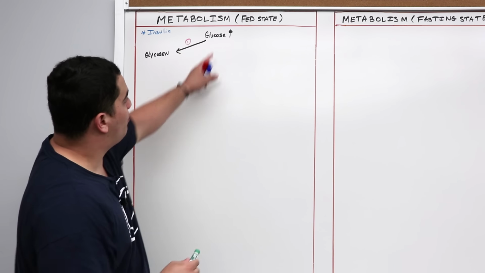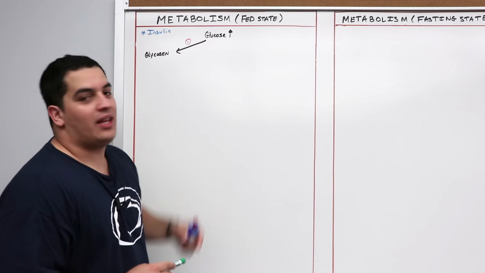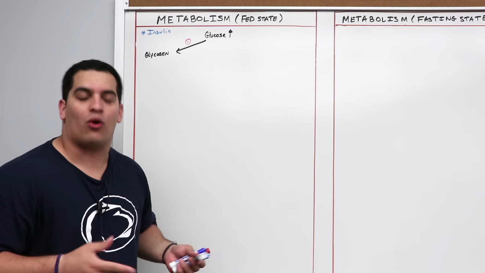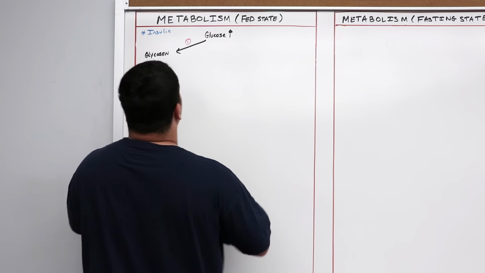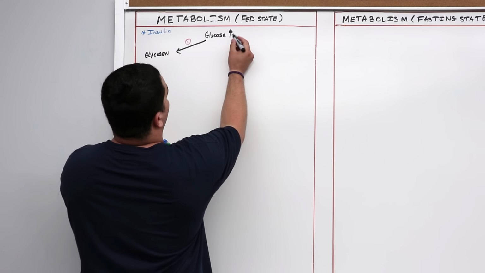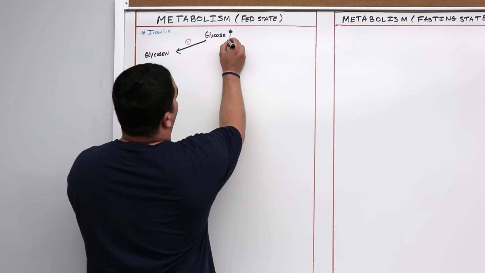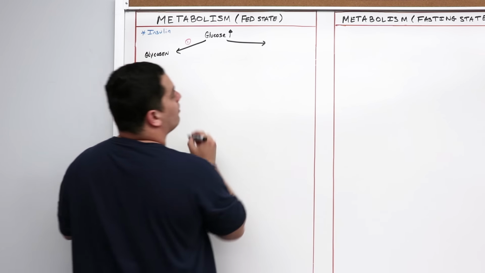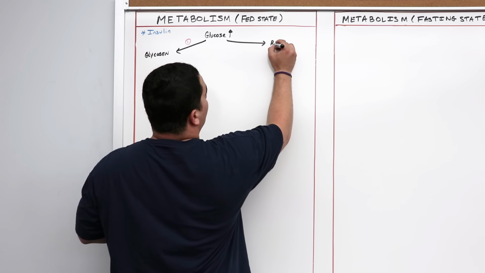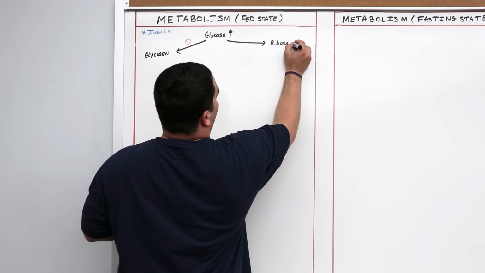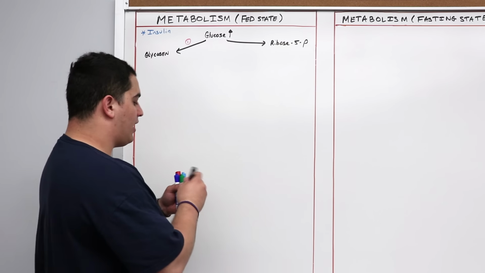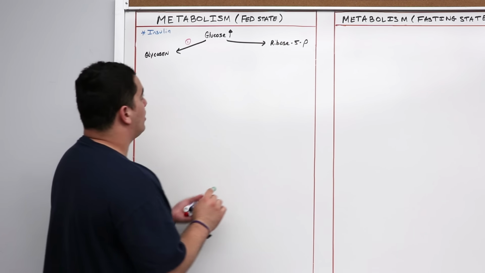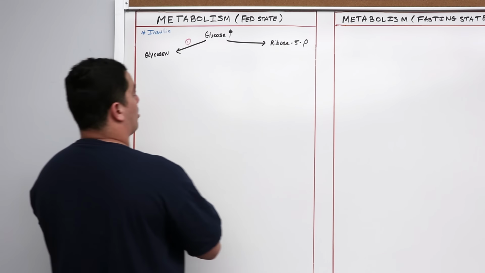Another pathway that's super important is the hexose monophosphate shunt, or as you guys know it, the pentose phosphate pathway. If you remember, when we took glucose through the pentose phosphate pathway, it led to the formation of ribose 5-phosphate. But that's not the significant thing that I want you to remember. There were particular molecules that were developed during this process.